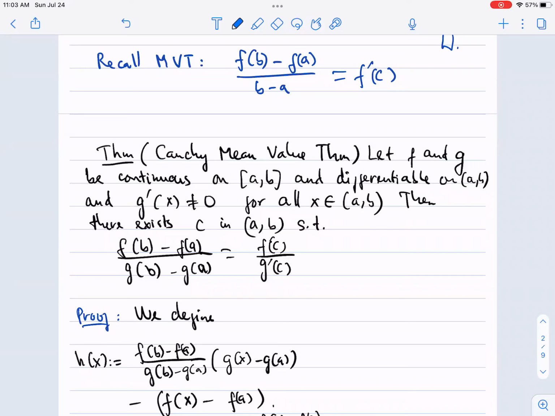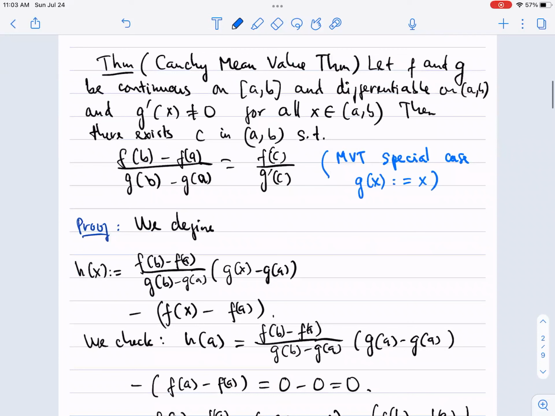In other words, the mean value theorem is a special case when the function g(x) here is just equal to x itself.